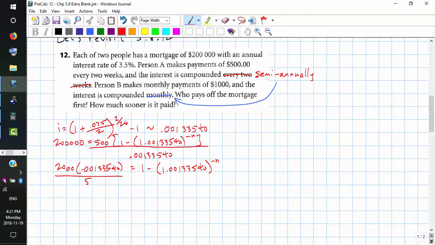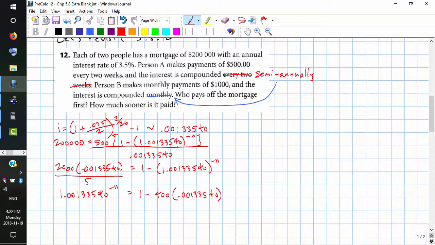And I'm just going to swap sides here because this is minus. I'm going to make it positive. And this is just going to be minus on the other side. So 1.001335540 to the power of negative n equals 1 minus, I'm going to do 2,000 divided by 5, that's 400, times 0.001335540.